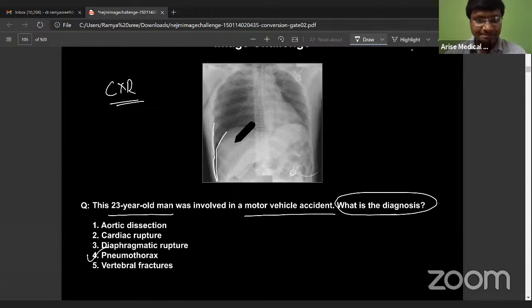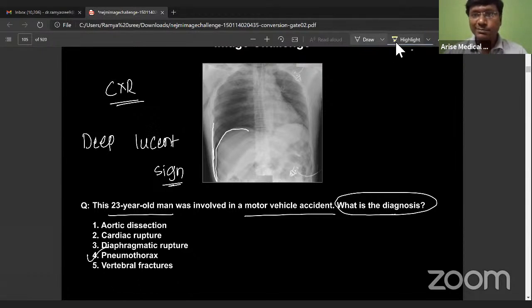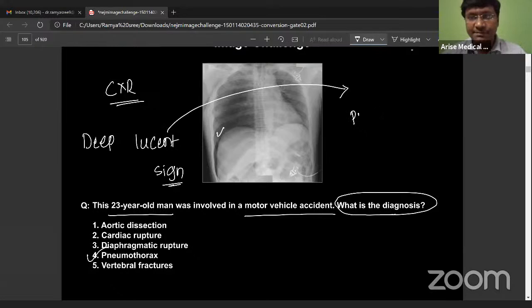This is what is called the deep lucent sign, and it is the sign of pneumothorax.